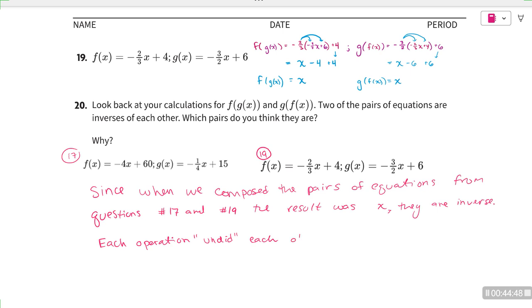So when we think about what it means to be an inverse, we said x and y are switched, so it's symmetric about y equals x. If the only thing left over is that x in the end, that means our output is just x. It undoes all the addition, all the subtraction, all the exponents, and any multiplication, division.